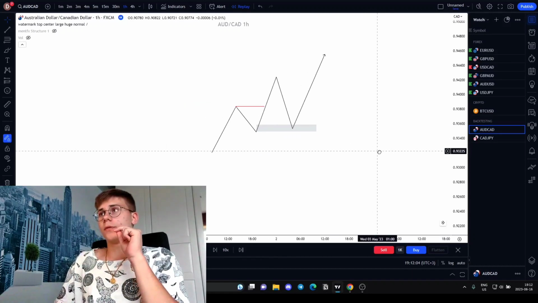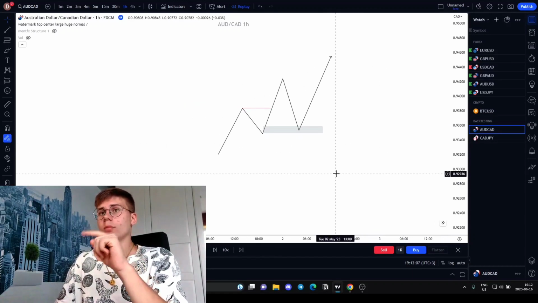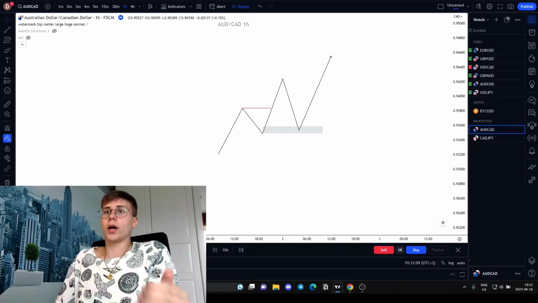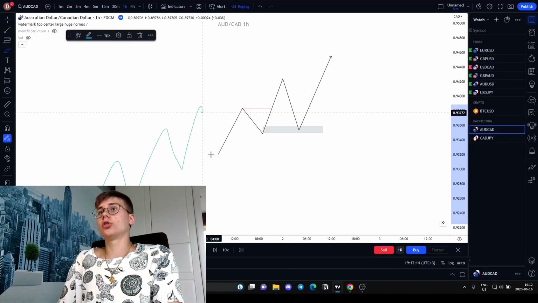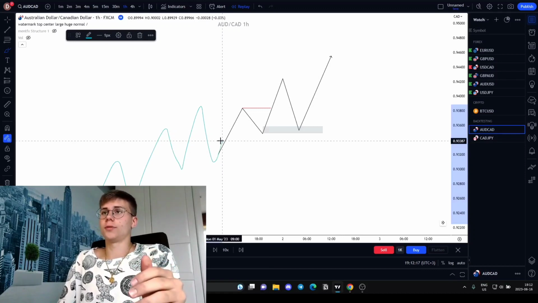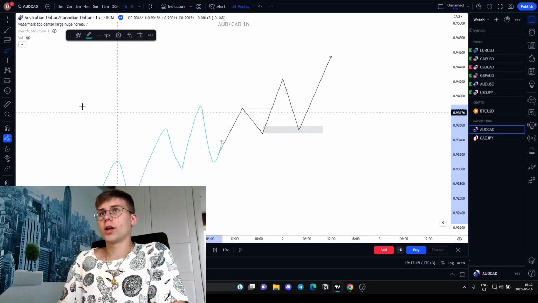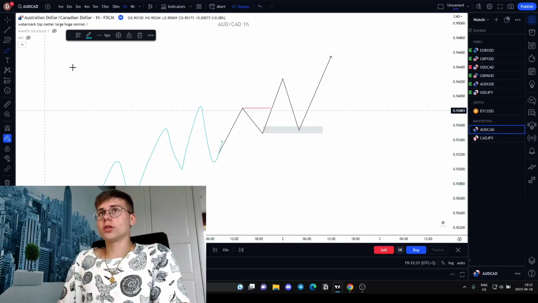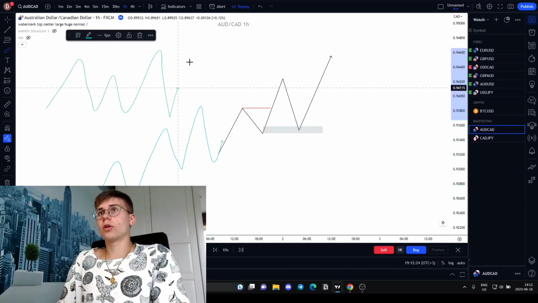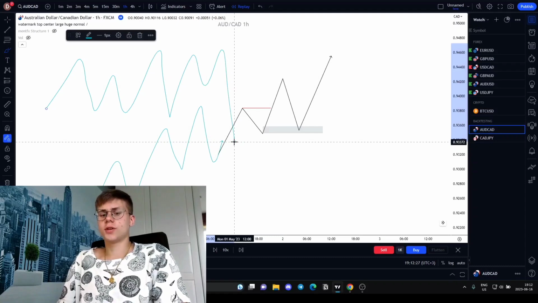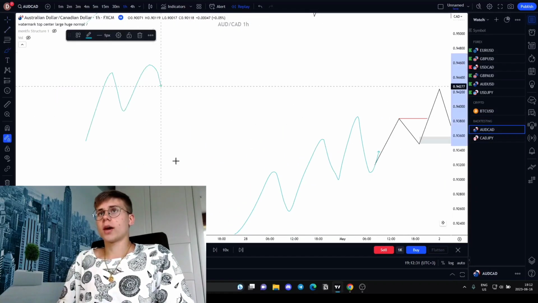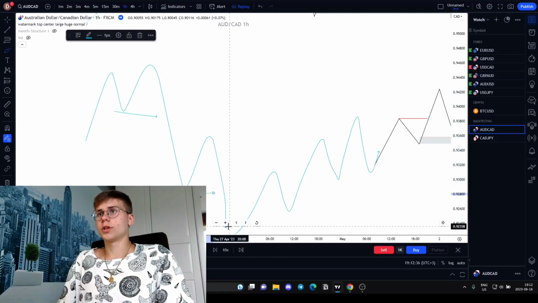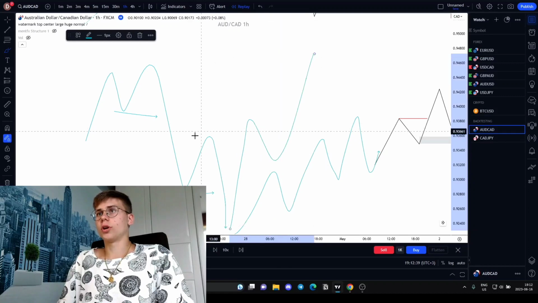So first thing, and very important, I will need my clear structure. It needs to be a clear uptrend or downtrend, bearish or bullish. I don't really trade in those market conditions where there are consolidations, back and forth, a breakdown, two breaks down, another break up.